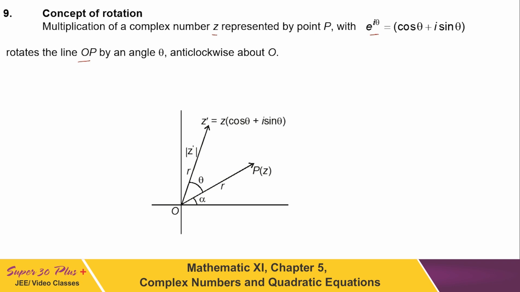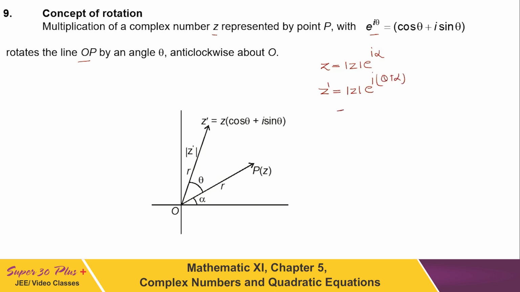Point P represents a complex number z. As we know, a complex number z is equal to mod z e to the power iota alpha, where alpha is the argument. Now, a complex number z dash can be represented as mod z e to the power iota, and its argument is theta plus alpha.